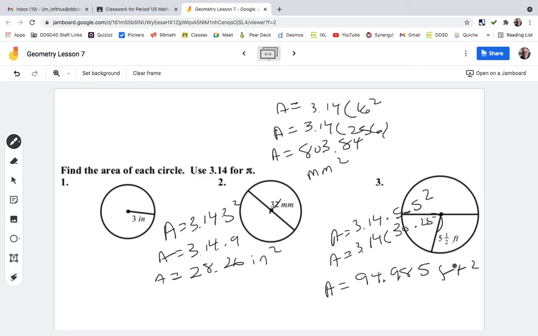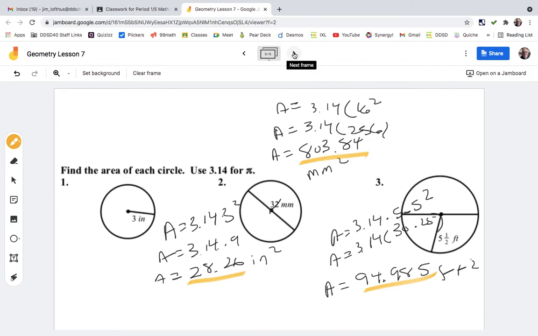I'm going to double check that one. 5.5 times 5.5 times 3.14, you get 94.985. All right, so let's just highlight the answers here, or underline them. It's the first one, second one, and the third one.